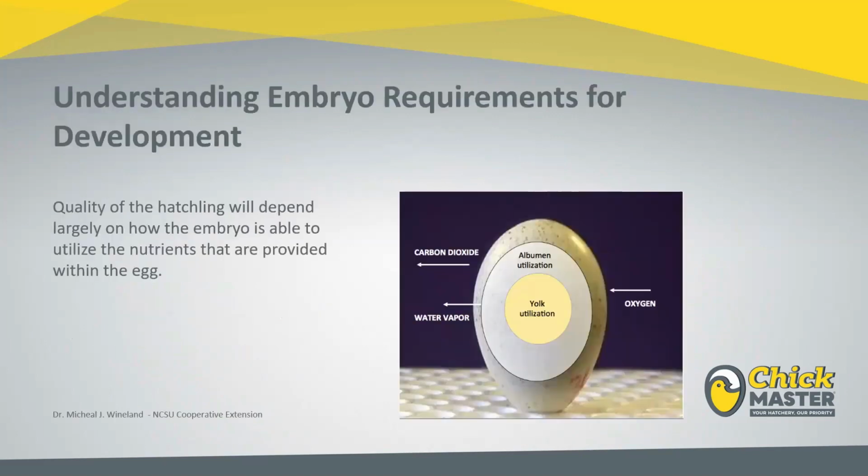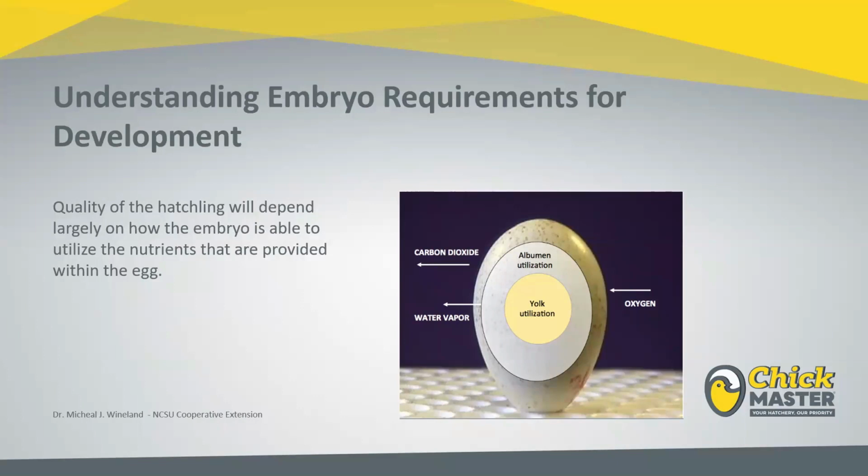To begin with, understanding embryo requirements for development, we understand that the quality of the hatchling will depend largely on how the embryo is able to utilize the nutrients that are provided within the egg. During development, the embryo requires oxygen, and it also releases carbon dioxide and water vapor.